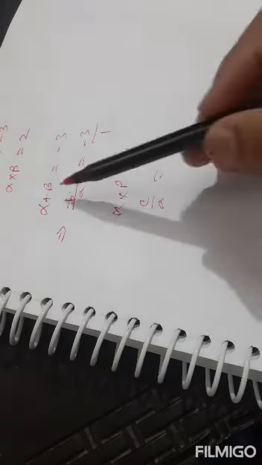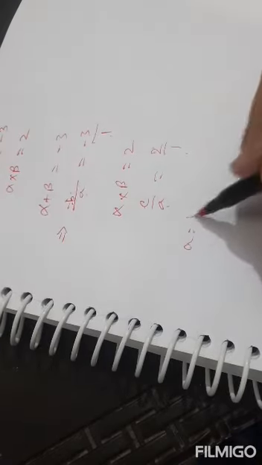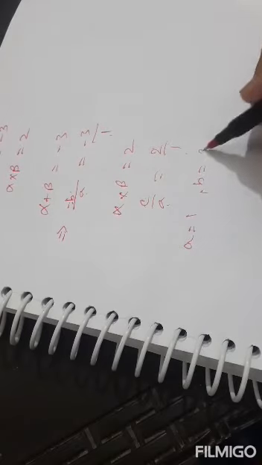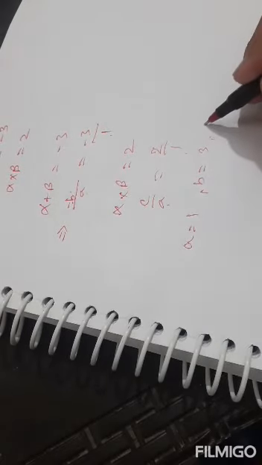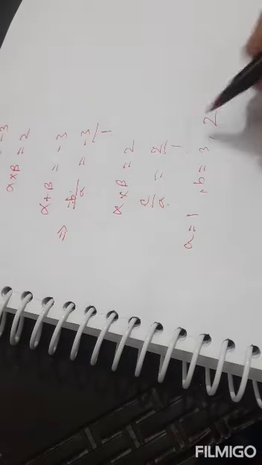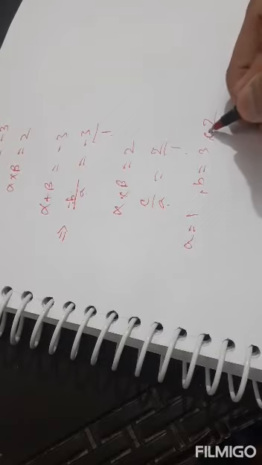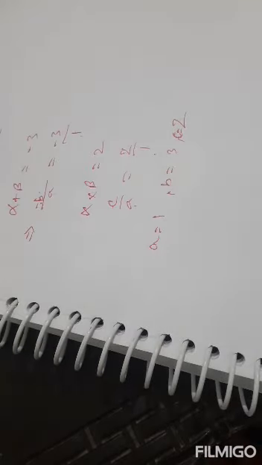So we can easily find the result: b equals 3, a equals 1, c equals 2. So a is equal to 1, b is equal to 3, and c is equal to 2. Okay, so how can we write the quadratic equation?